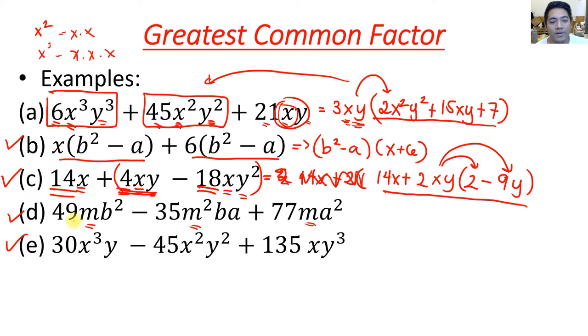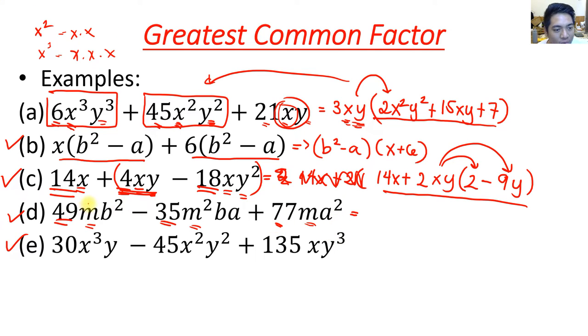And if there are numbers divisible by 49, that's 7. So let's try. 49 would be actually 7, and at the same time, this is negative 35, still divisible by 7, and 77 is divisible by 7.